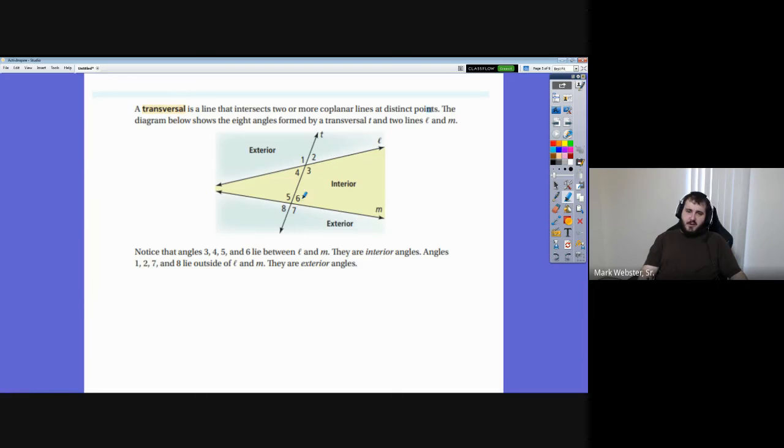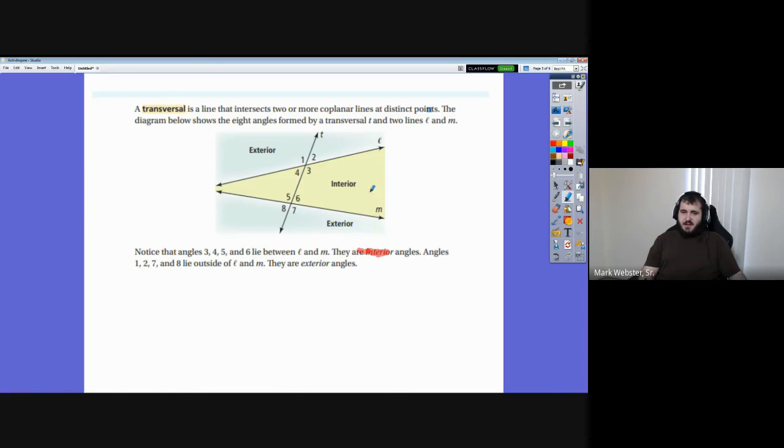So the angles that are on the inside of the sandwich, you know, picture like a sandwich. It'll make you hungry, but it'll help. The angles that are the meat and the cheese and the tomato and the lettuce on the inside of the sandwich, 4, 3, 5, and 6, the way that they've numbered it here, those are called interior angles, right?